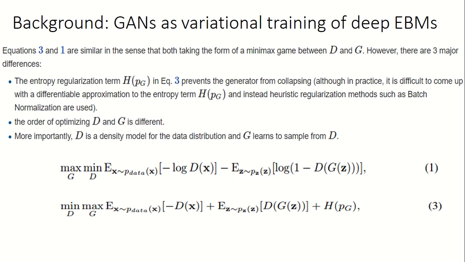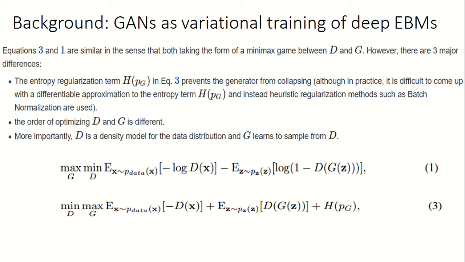If we take a look at both equation 1, which is for the traditional GAN, and equation 3, which is for the energy-based model, we can see that they look similar, but there are some differences. First of all, the entropy regularization H(p_g) in equation 3 prevents the generator from collapsing, which is a difficulty in training GANs.